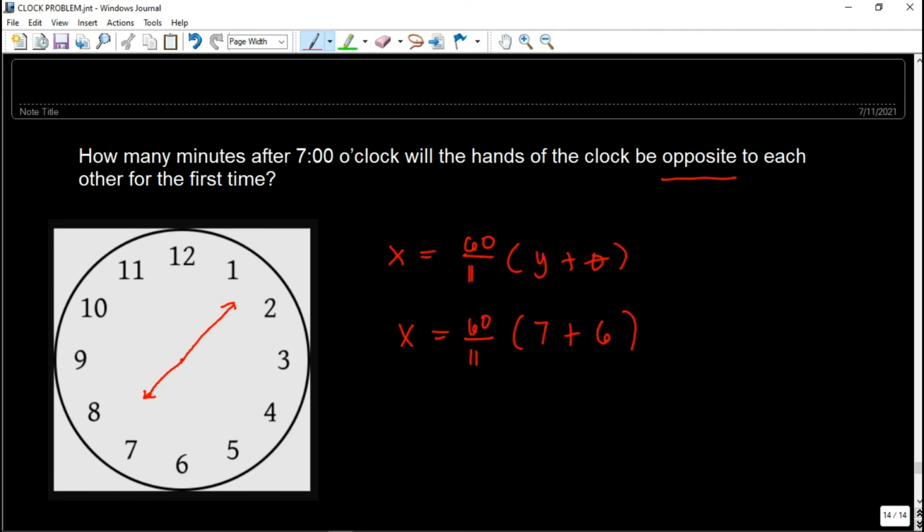Okay, notice here, guys, that 7 plus 6 is 13. Okay, so we all know that we don't have 13 hour spaces on the clock because it only goes up to 12. Okay, so take note of this: when what is inside the parenthesis exceeds 12, this is 13 hour spaces, we will get the equivalent hour of that.